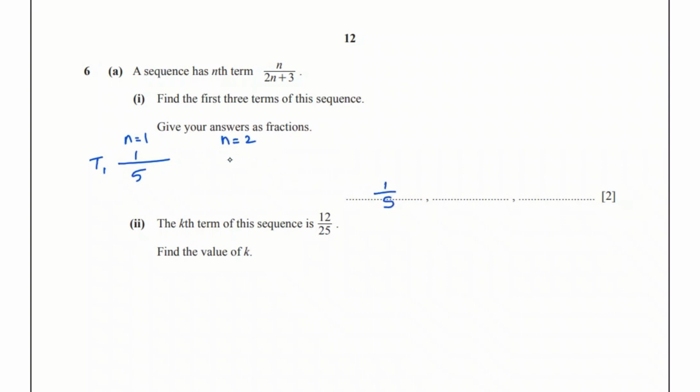When n is equal to 2, Tn equals 2 upon 2 2s are 4, 4 plus 3 is 7, so 2 upon 7. When n is equal to 3, Tn is equal to 3 upon 3 2s are 6, 6 7 8 9, 9. So it is 3 upon 9.